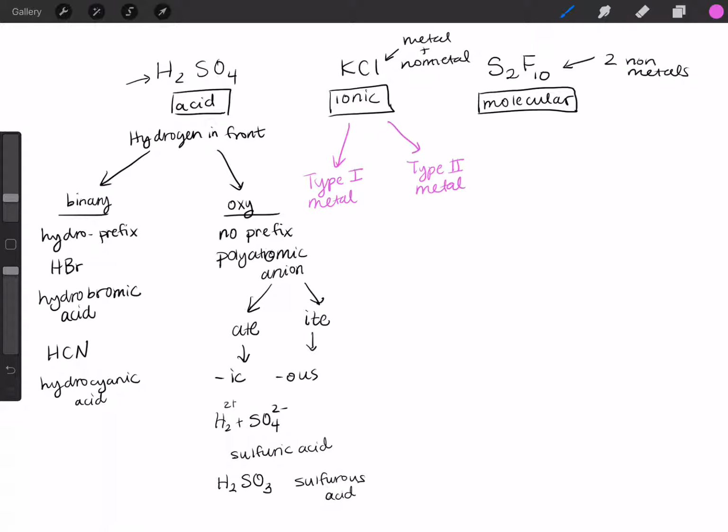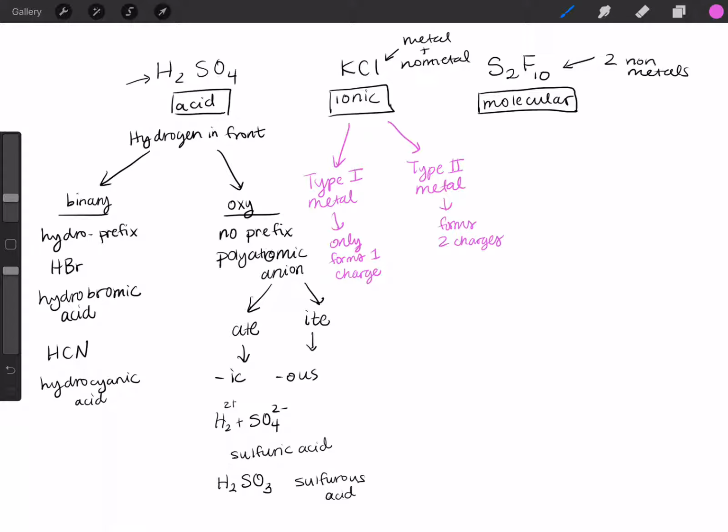The type 1 metal is a metal that only forms one charge, and a type 2 metal forms two charges. You are lucky because I'm giving you a periodic table with all the ions on it today.